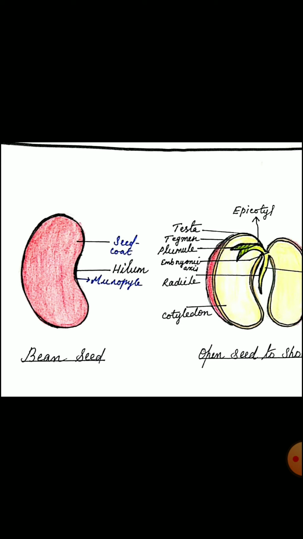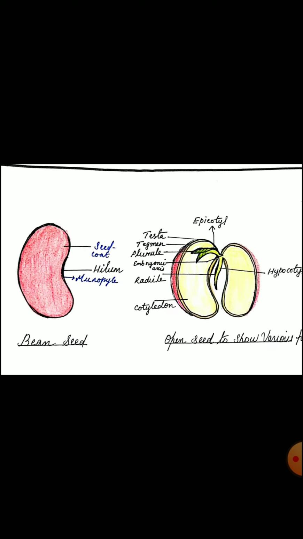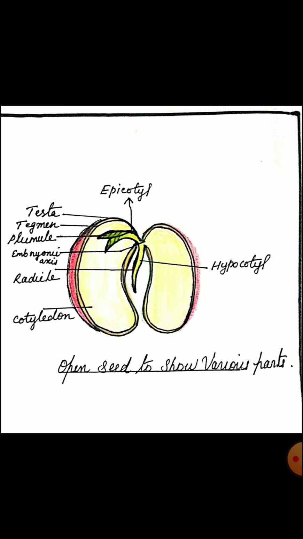Now, next, the internal structure of a bean seed. When we remove the seed coat, two cotyledons are present below it. The cotyledons are the reserved food material for the growing embryo and also protect the embryo. In between the two cotyledons, a baby plant or embryo is present. The embryo consists of two parts, a radicle and a plumule.